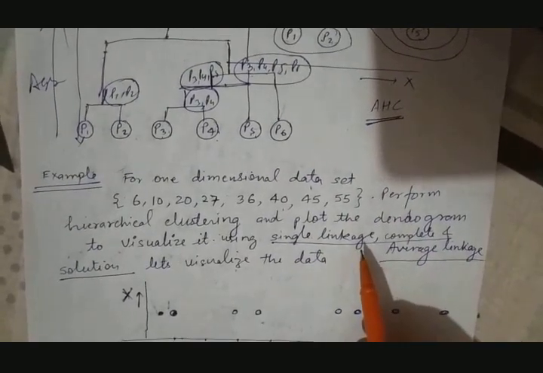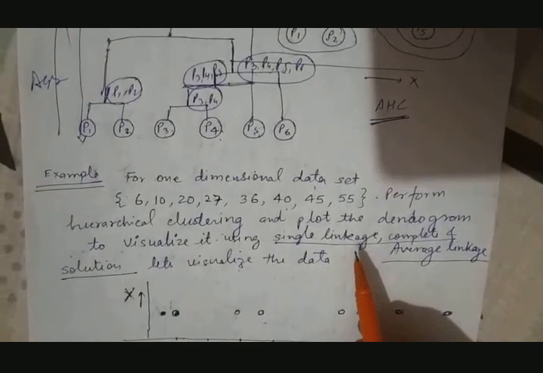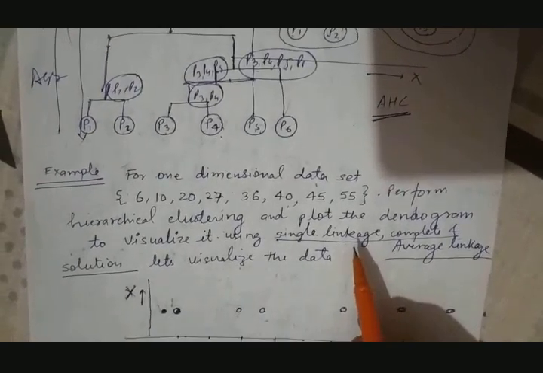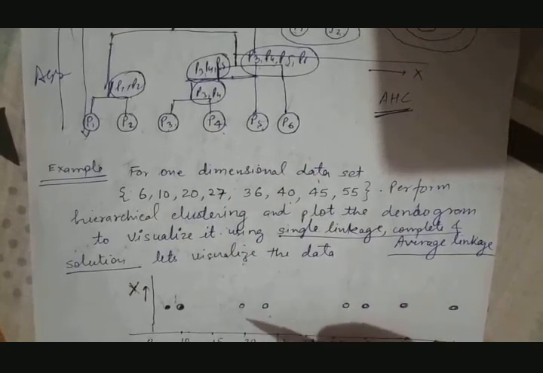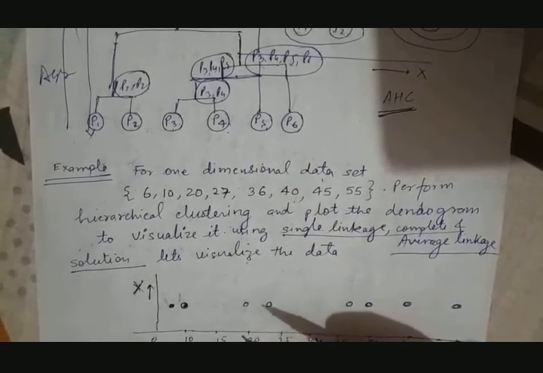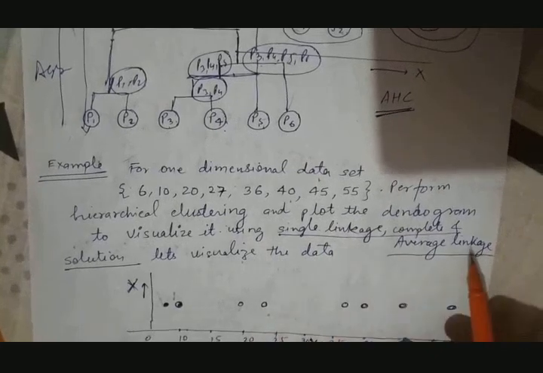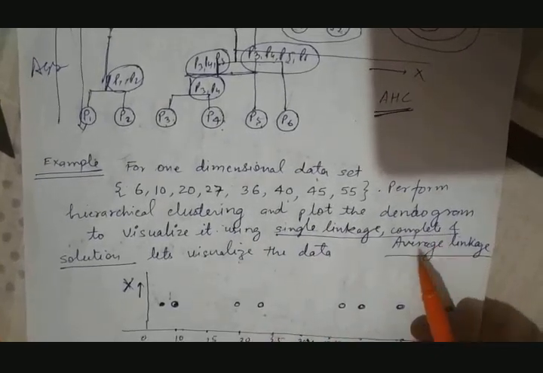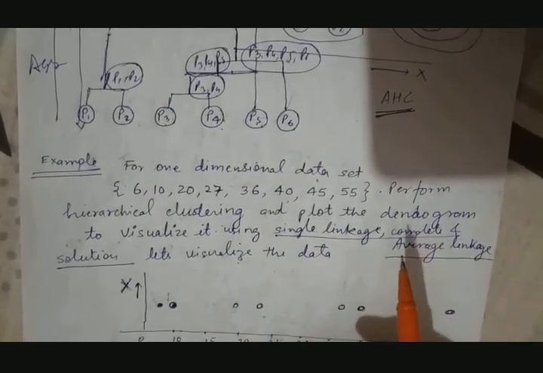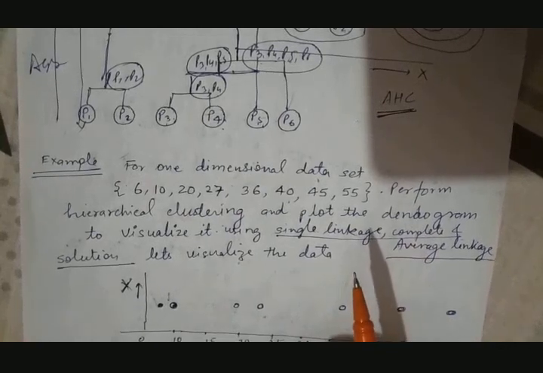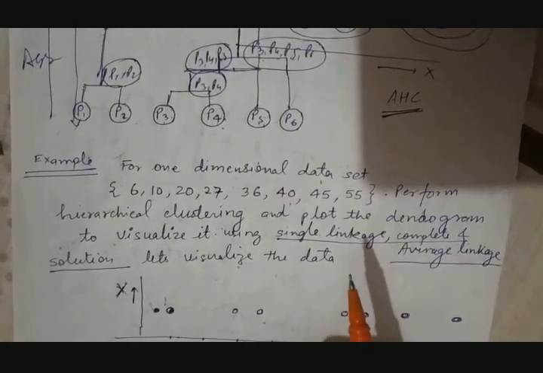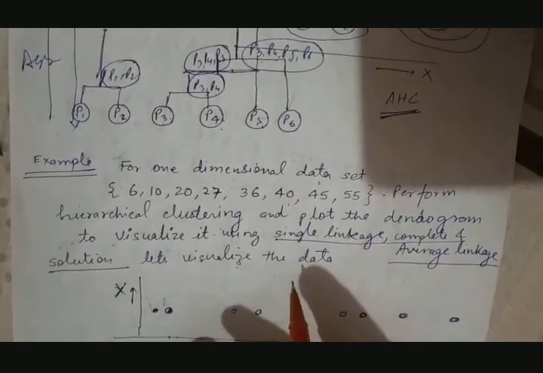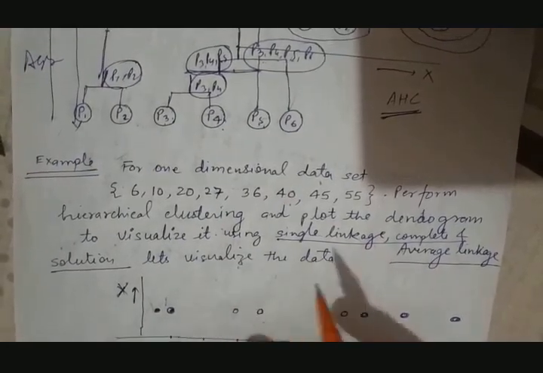In single linkage, we find the distance between two clusters by considering the nearest data points from each cluster. In complete linkage, we find the distance between two clusters as the distance between the two data points which are farthest apart in the clusters.